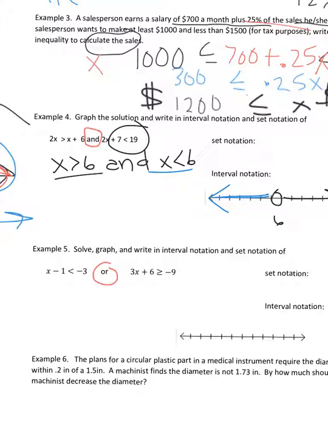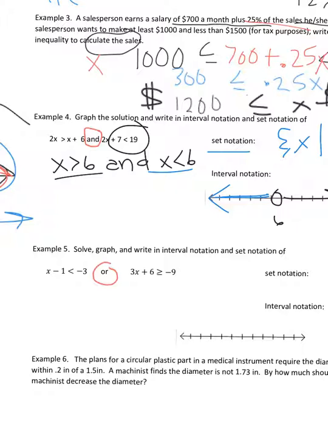Is there any point where the black and the blue overlap? Do they have anything in common? It doesn't. So in set notation, it doesn't have any answer. There's no solution. The solution is nothing works.